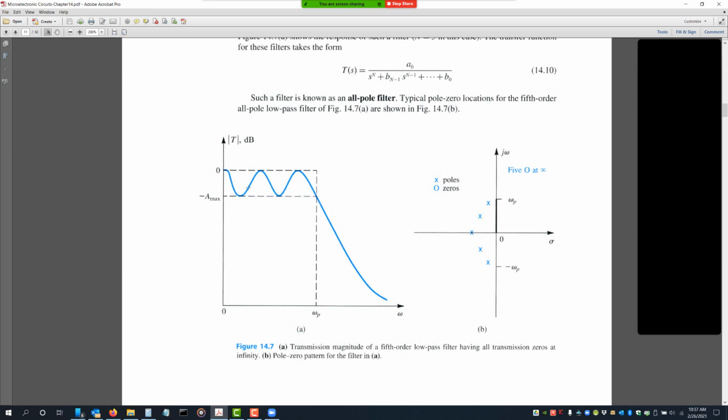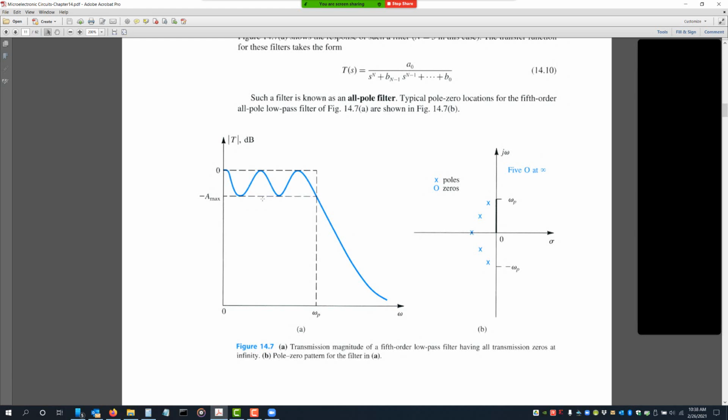Also, the number of extrema of the equiripple is equal to the order of the filter. So for example, we see that this filter is of order 5, or a fifth order filter, because it has 1, 2, 3, 4, 5 extrema in the passband.